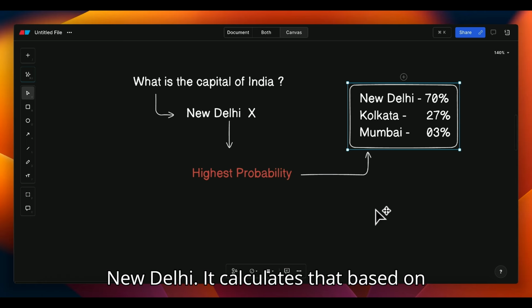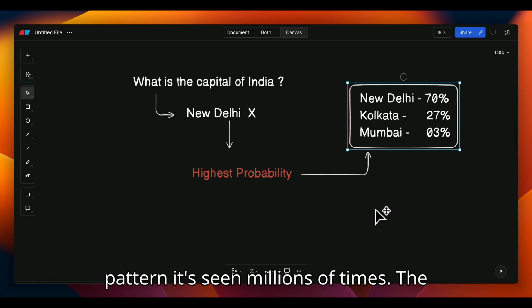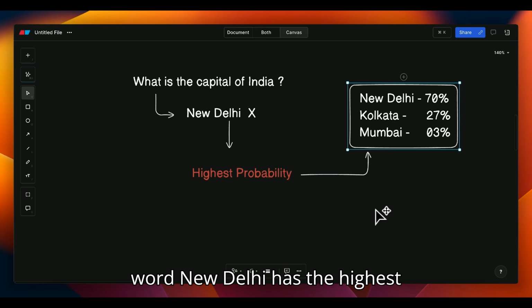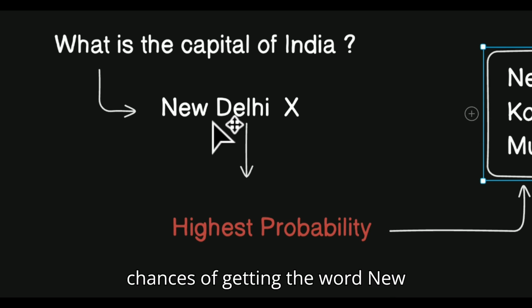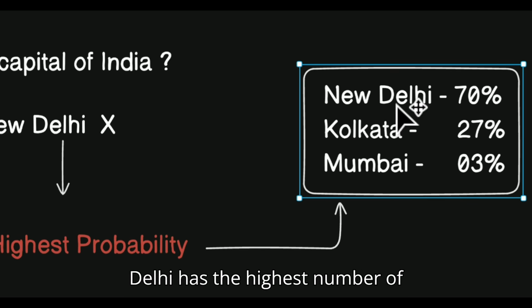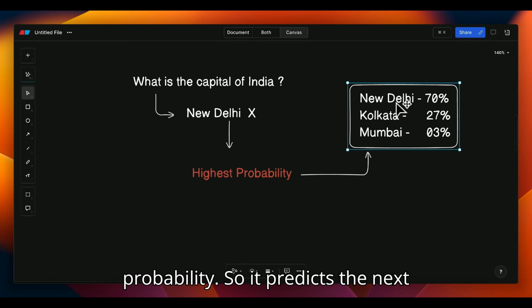It calculates that based on patterns it's seen millions of times, the word New Delhi has the highest probability of coming next. Means when it sees that the words capital and India come together, the chances of getting the word New Delhi have the highest probability. So it predicts the next word, right?